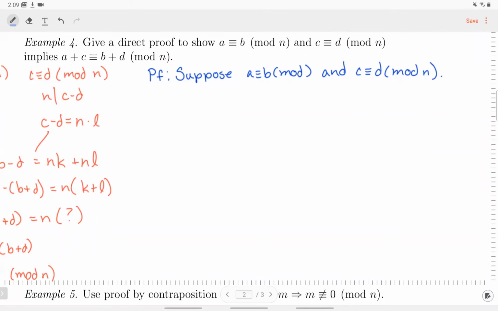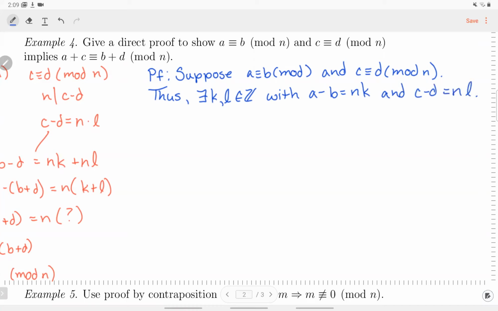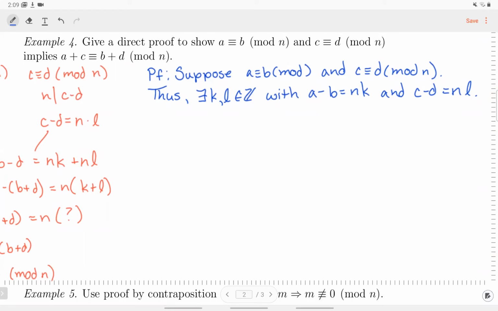I'm okay if you also skip that step straight to our next step of our scratch work and say, thus, there exist K and L in the integers with A minus B equal to NK and C minus D equal to NL. It's up to you if you want to put that middle step between those or not. That's fine either way. Again, you're assuming your audience is about your level.